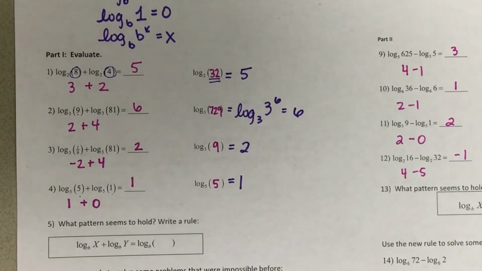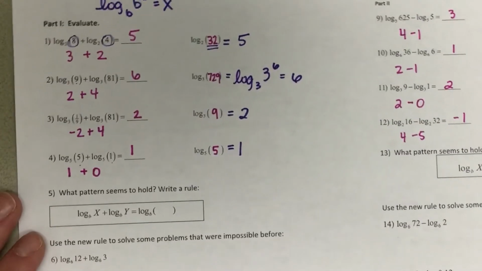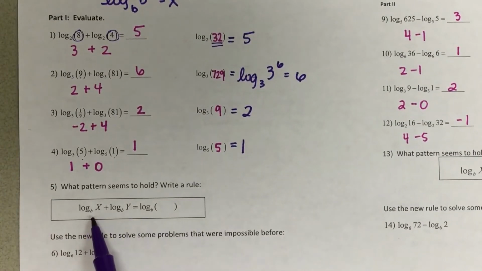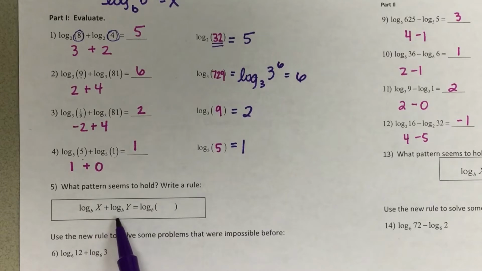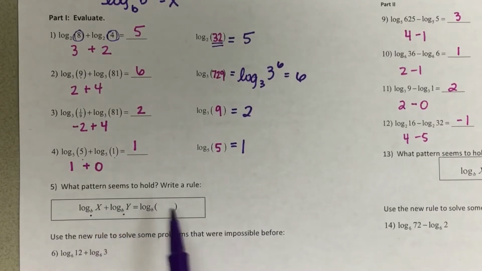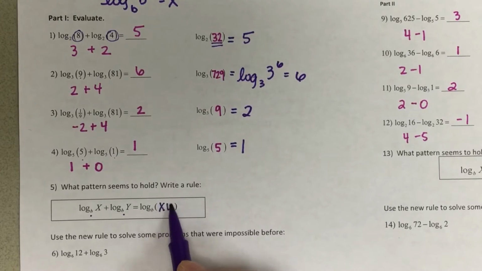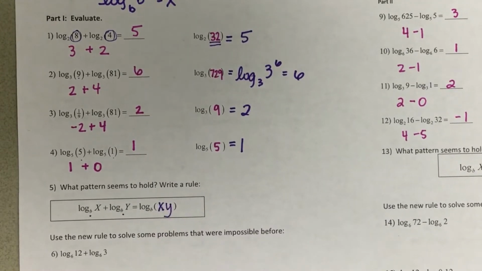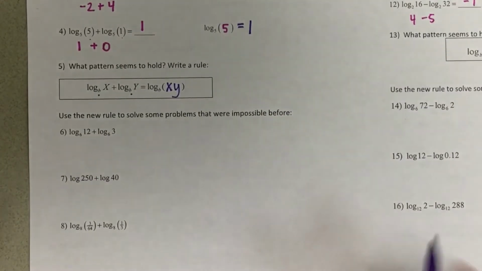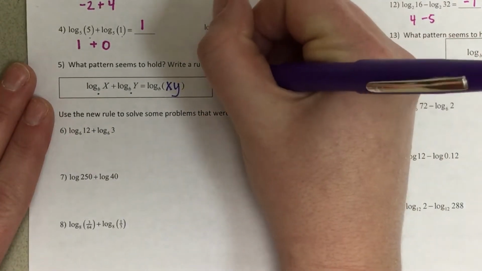Now, this law is telling us that if I have log base b of x plus log base b of y, they have to be the same base, that's going to equal the log of the product. So this is going to allow us to evaluate some logs that we wouldn't have been able to previously. So this is the first law.